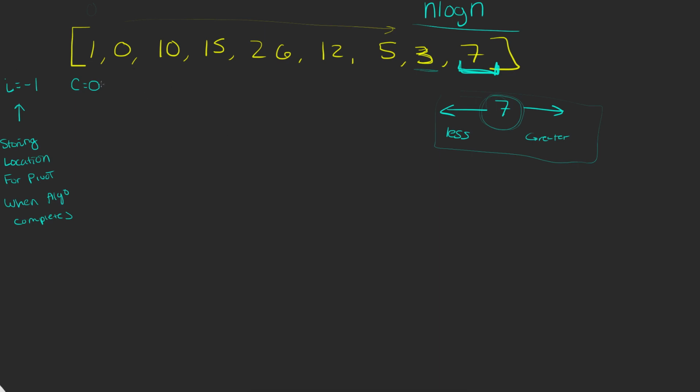So what happens is we go through, we're basically in a for loop is how you can visualize this, and we're saying, okay, is 1 less than 7? Yes, it is.